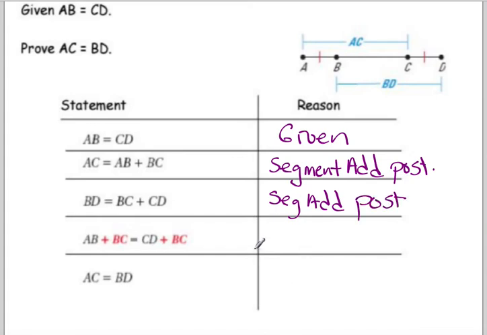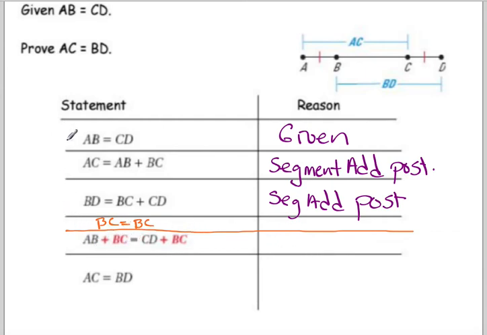Segment addition postulate. Now, before this line, I kind of feel like we need an extra line here, and so I'm going to add that in. Before I'm adding BC, I kind of feel like I need to say that BC is equal to BC before I add it to both sides, which is what they're doing.